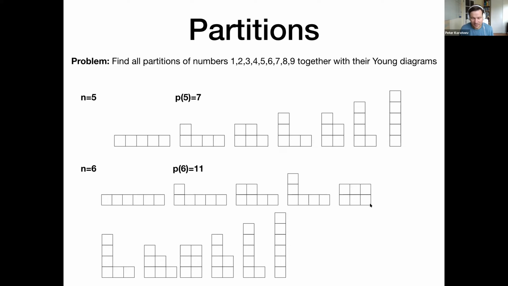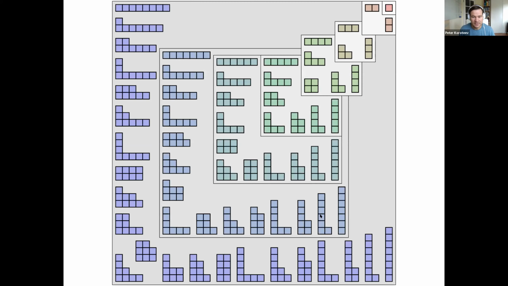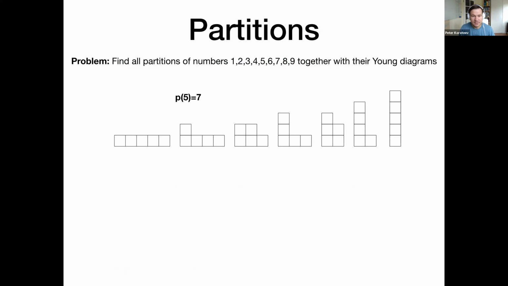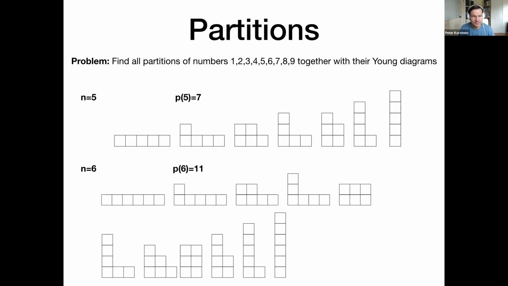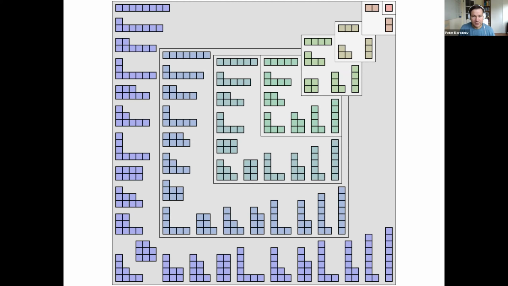And as you'll see, a lot of them you can understand just by looking at these Young diagrams. Okay, so yeah, any questions here? Yeah, just ask questions if you have them. Good. So this is a picture from Wikipedia, which I turned 90 degrees, right?